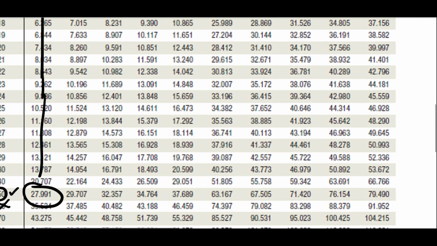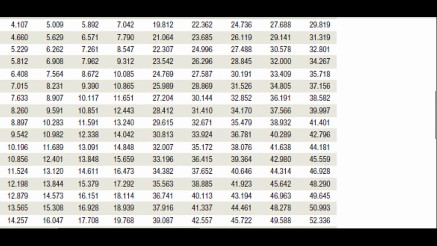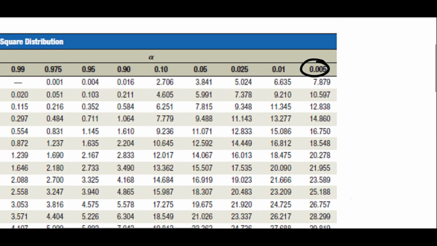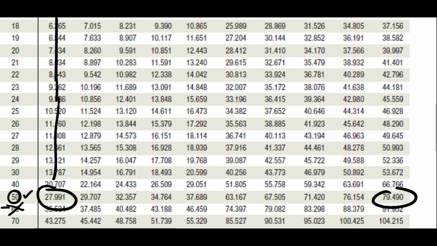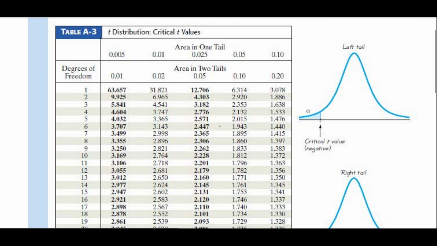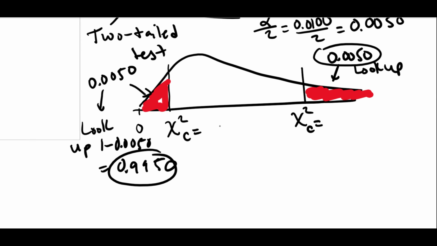And then our next one is right over here, 79.490. Okay, 79.490. I'll write that down. Let's go ahead and label that on our chi-squared curve. All right, so we got our criticals.